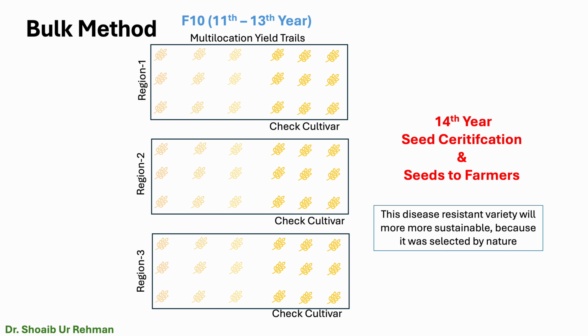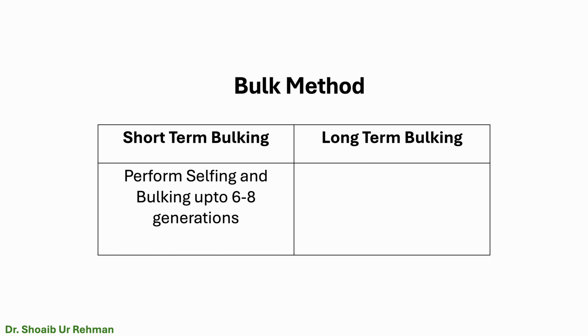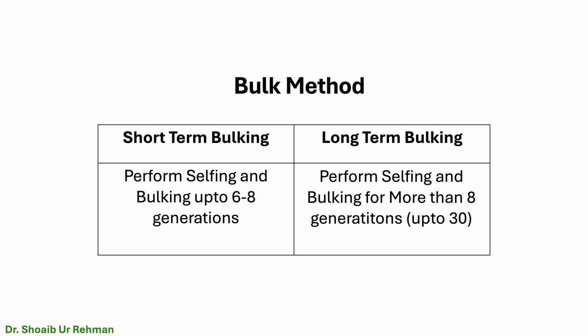Just recall, I have mentioned earlier that there are two different kinds of bulking method as far as selection is concerned. The first one is the short-term bulking method, which we have discussed earlier, in which we delay selection until the F6, F7 or F8 generation. But in the long-term bulking method, we delay our selection until the F30th generation.